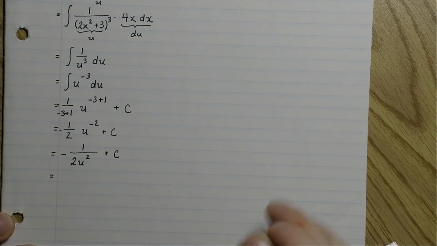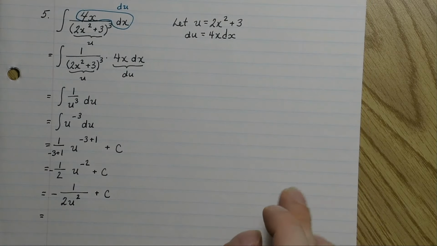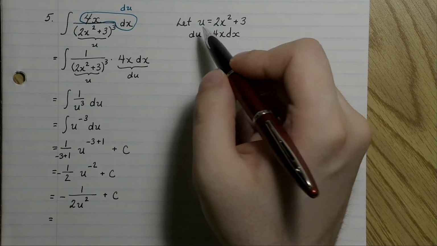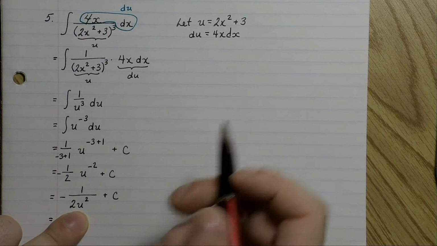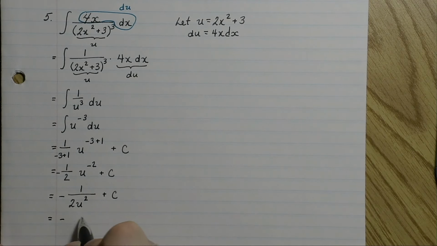And then, oh, I've gone too far up. I need to replace the u back in, so take that and put it back in. So minus 1 over 2, replacing the u.